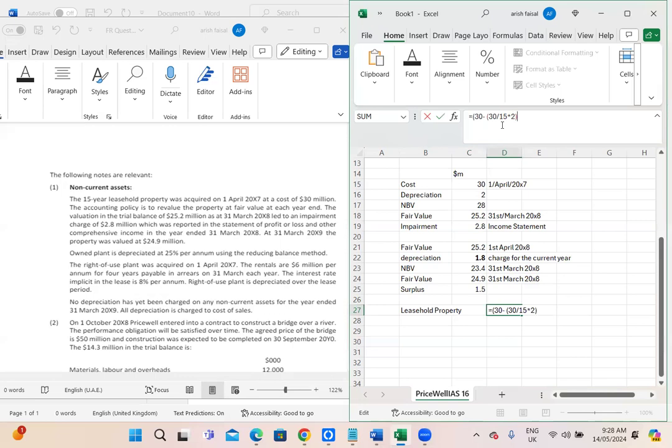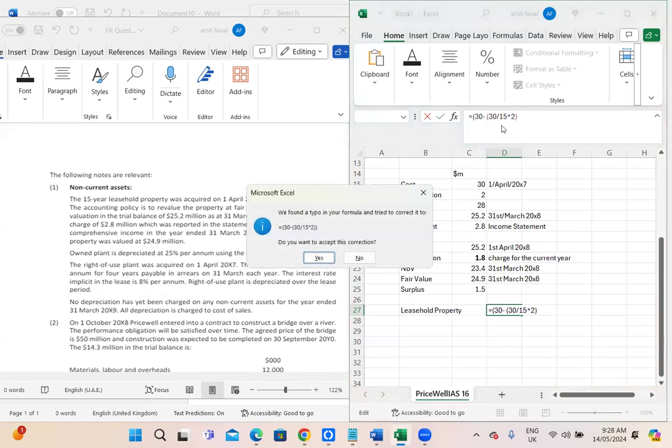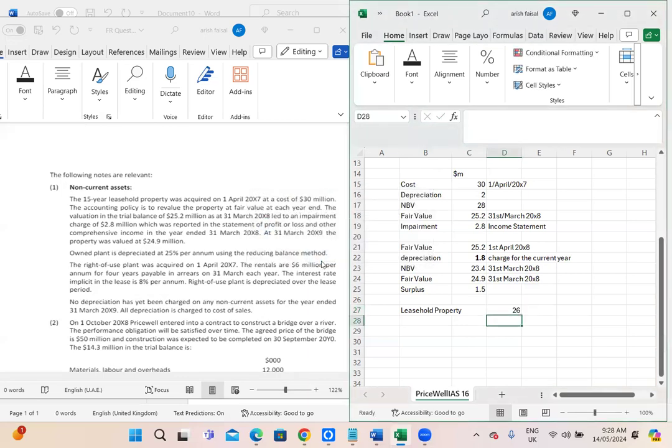So if the impairment would have not been charged in the first place, then the value of the asset would have been 26. But right now I'm just bringing it to 24.9. So it's fine. I cannot increase it more than 26. If the fair value of this asset would have been 27 actually, I could not have increased it more than 26.